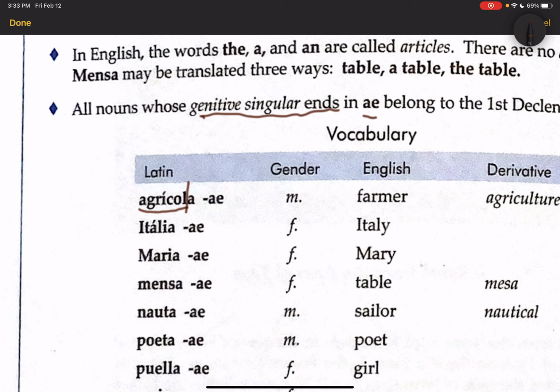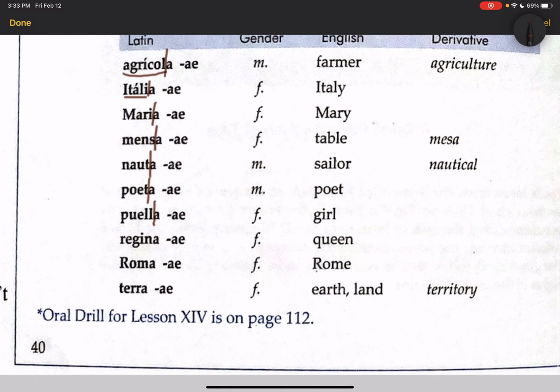For Italia, we cut off the a, and we get Ital as our stem. Maria would be Mari, mensa, mens, nauta, naut, poeta, poet, puella, puell, regina, regin, Roma, Rom, and terra, terr. And to each of these, you would simply add the different case endings to decline it.